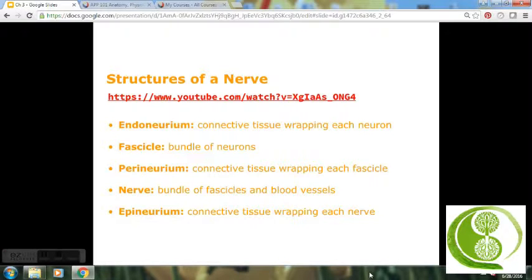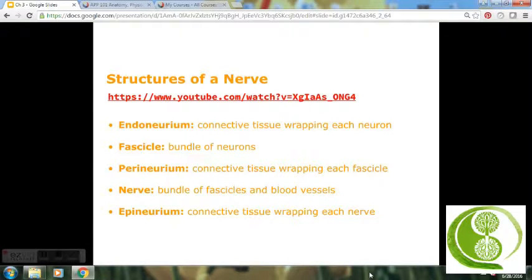Now we had the endomysium that wrapped the muscle cell. We had the fascicle, which was bundles of muscle cells. We had the perimysium, which was what was wrapped around the fascicle. And then we had the actual muscle, which was bundles of the fascicles with blood vessels. And then we had the epimysium wrapping around the muscle itself.